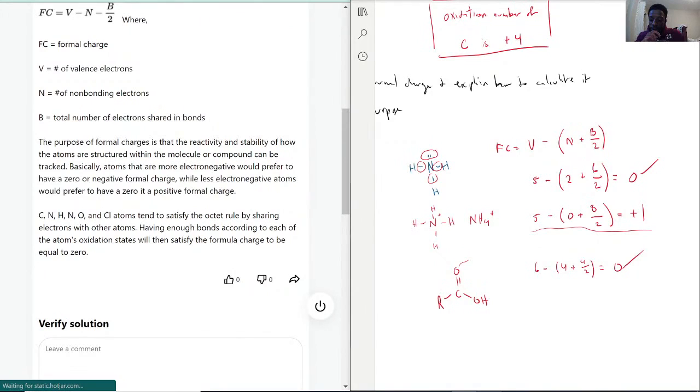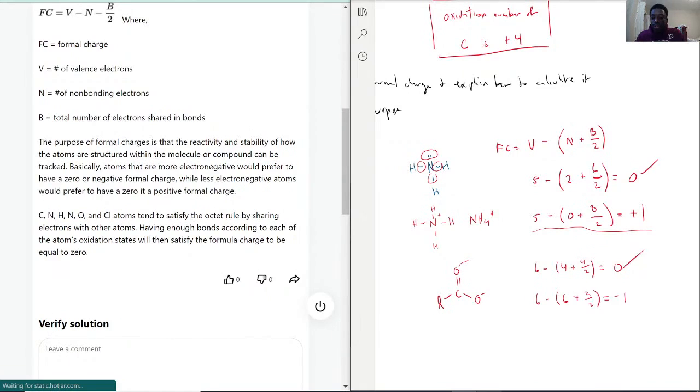And in fact, if this oxygen got deprotonated, so you end up with a minus on the oxygen here, you would see that it actually has a reason to be negative. This oxygen holds 6 electrons by itself and has 1 bond, so 6 minus 7, that's how you got the minus 1.